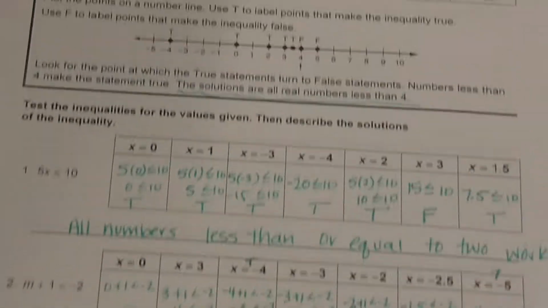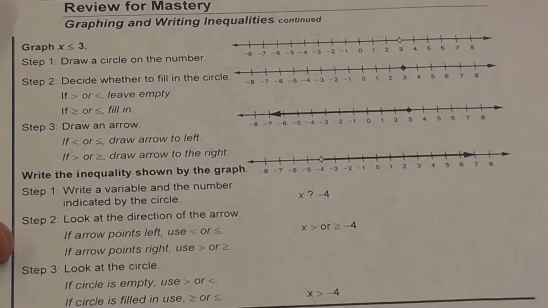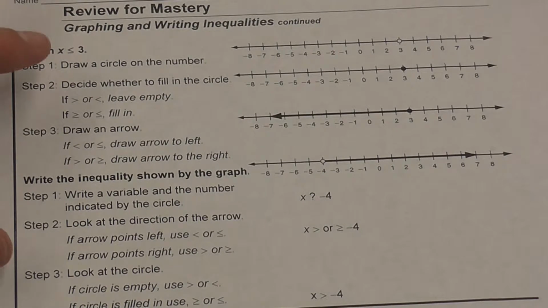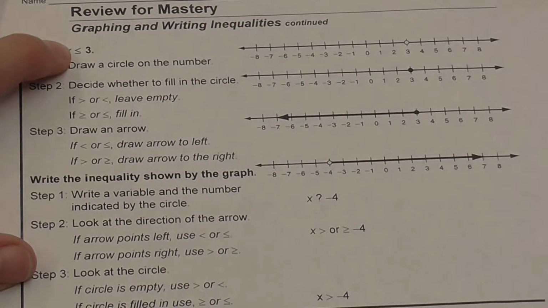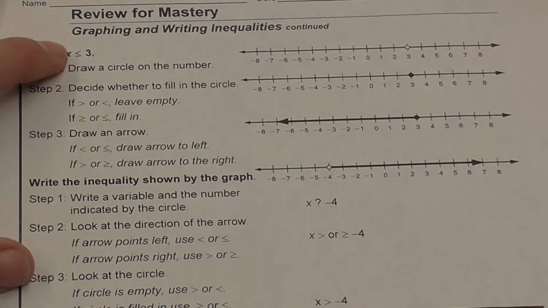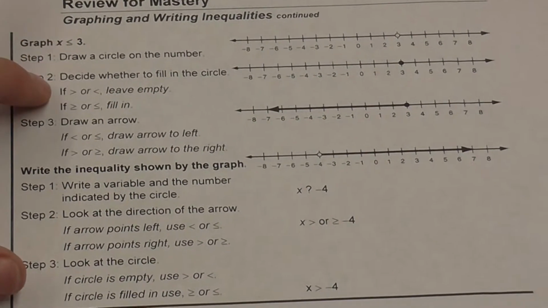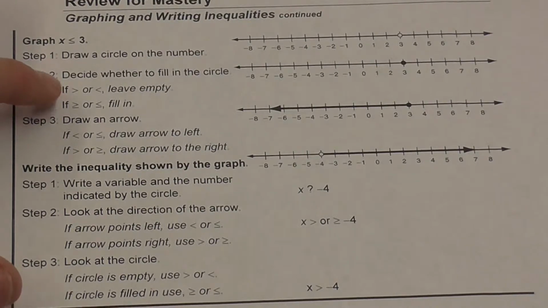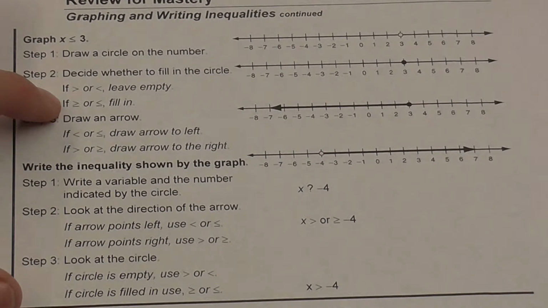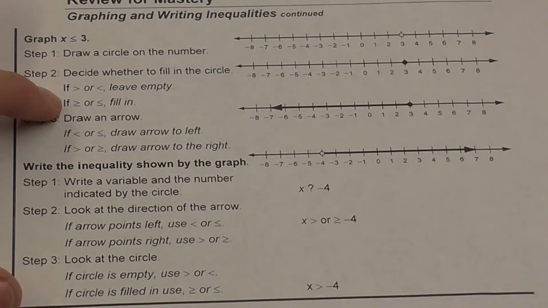All right, so if we were to continue with this, graphing. To graph this, you draw a circle on the number. If there is a line underneath it, so if it's or equal to, you're going to fill in that circle. So decide whether to fill in the circle. If there's no line underneath, you leave it open and empty, or if there are lines underneath, you've got the or equal to as an option, and you would fill it in.